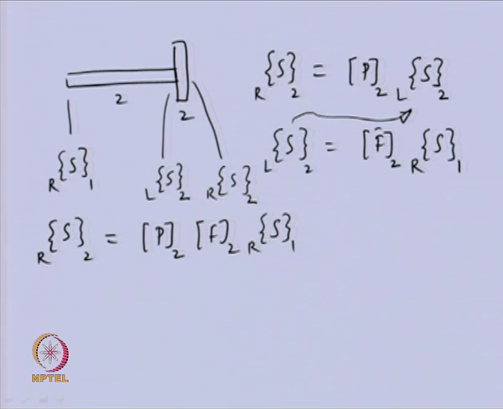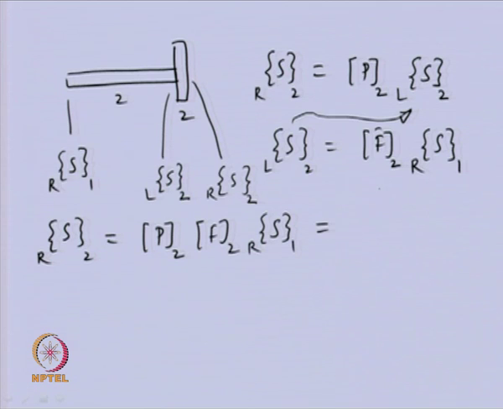So, once we substitute this, we can relate the state vector right of disk 1 to the right of disk 2 directly.